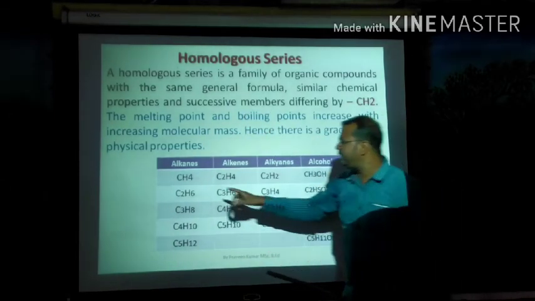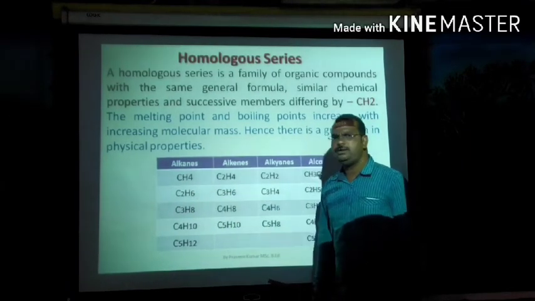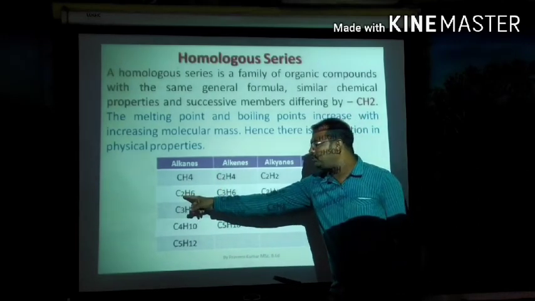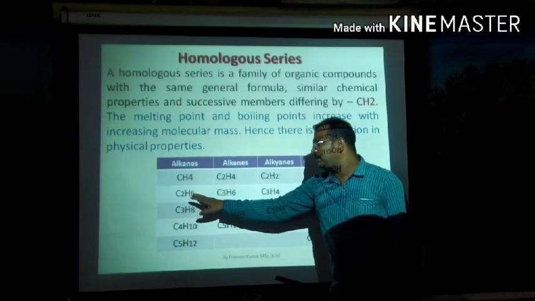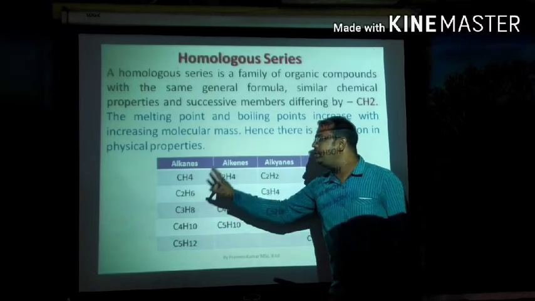See here, C2H6. The difference between the second member and the first member is C, 2 minus 1, 1 carbon atom. How many hydrogen atoms are there here? 6 are there. Here 4 are there. What is the difference? 2.